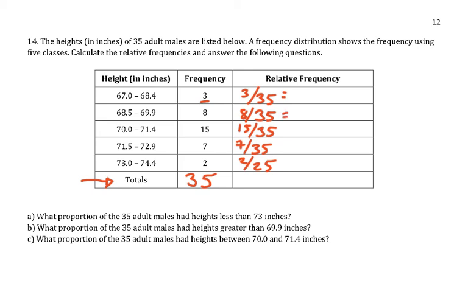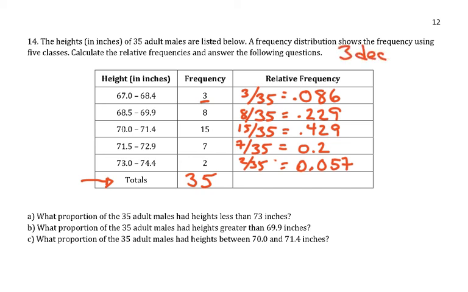So let's do that calculation. So here I've rounded to 3 decimal places. There were no instructions. There will be on your exam. And let's just go over rounding rules real quick. 3 divided by 35.